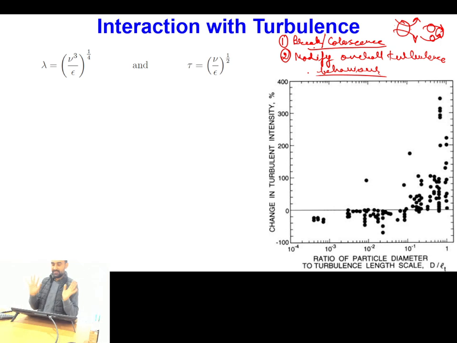Okay, so these different situations can happen. So can you tell me, whenever we have turbulence present in the system, what are the length and time scales with which we can characterize the turbulence? Do you have any idea about it?